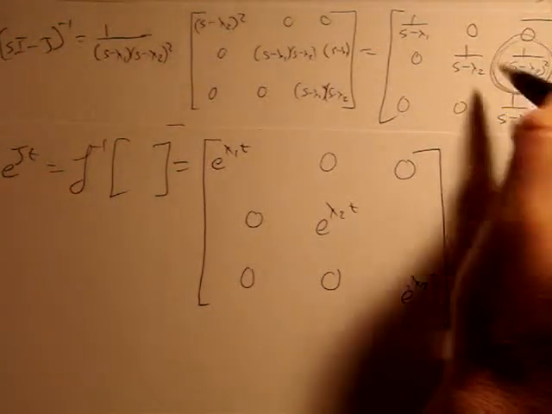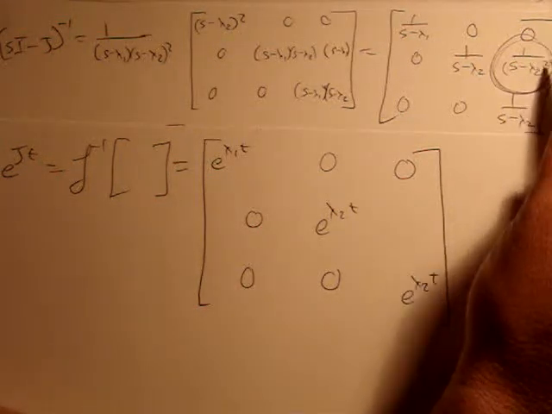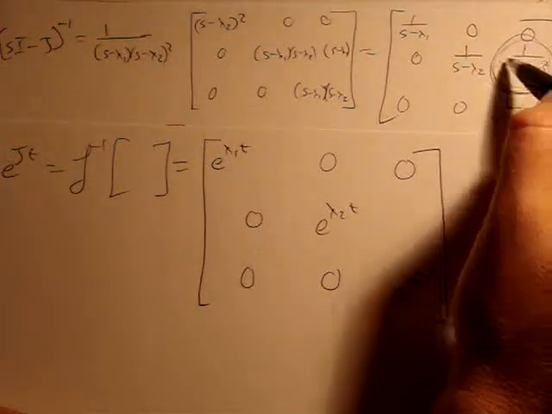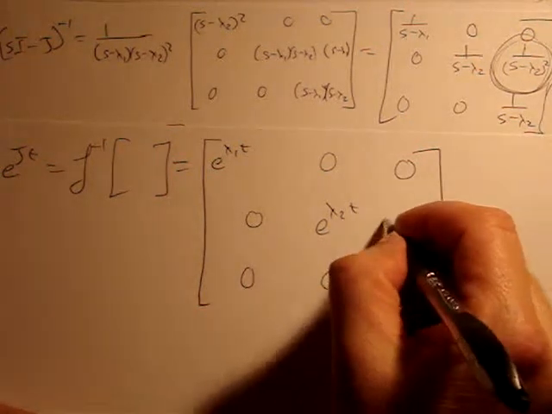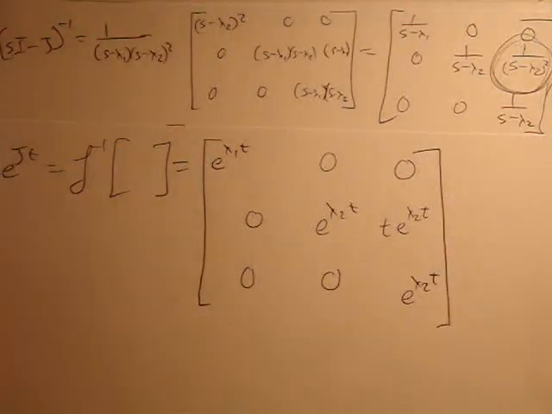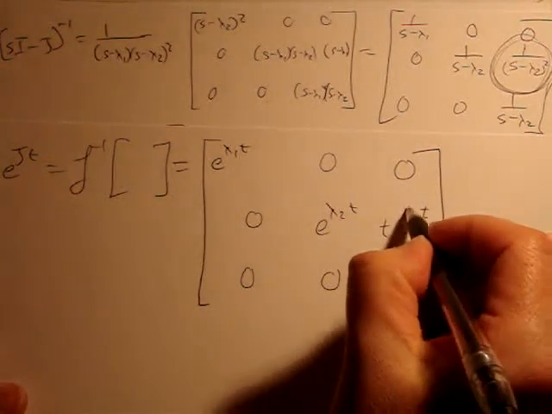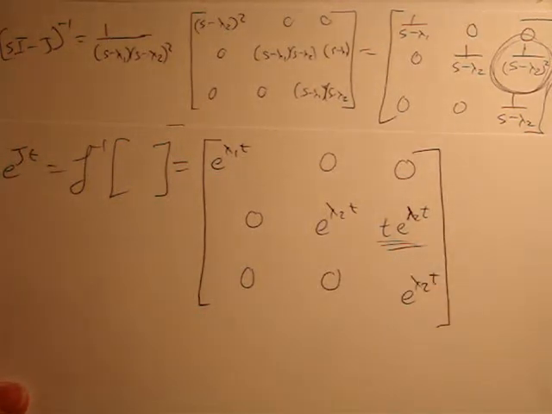If you had a different kind of Jordan form, you might have more than one off diagonal. So we also need to transform this one, transform pair for 1 over s minus lambda 2 squared. We're going to get a factor of t e to the lambda 2t. So we have our e to the Jt found now for our non-distinct eigenvalue case. The main difference is this one off diagonal term.